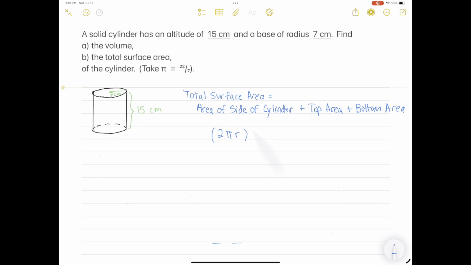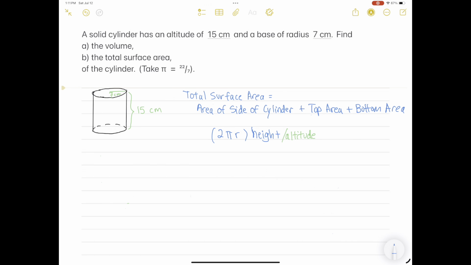So I start by writing the equation 2 pi r times height, and I will plug in the values given. So r, the radius, is 7 centimeters, and the height, or the altitude, is 15 centimeters.